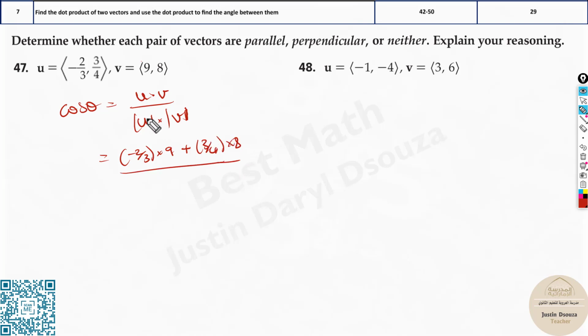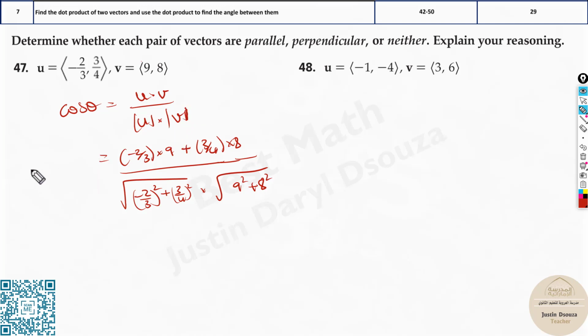Divided by the magnitudes. The magnitude of u is the square root of x squared plus y squared: minus 2/3 the whole squared plus 3/4 the whole squared, multiplied with the magnitude of v, whose component form is 9 and 8, so just square them up: 9 squared plus 8 squared. So this is x and y. So we get the magnitude.